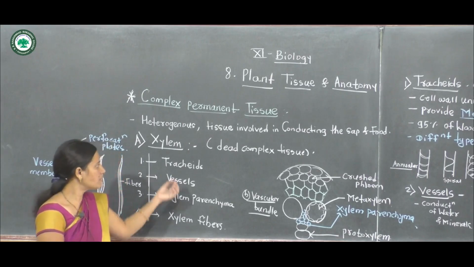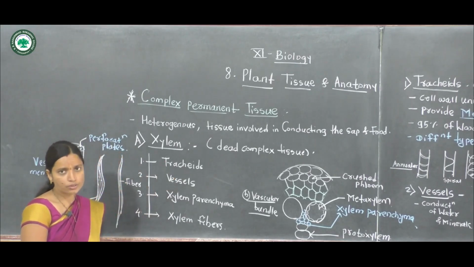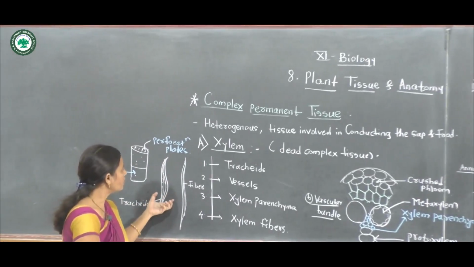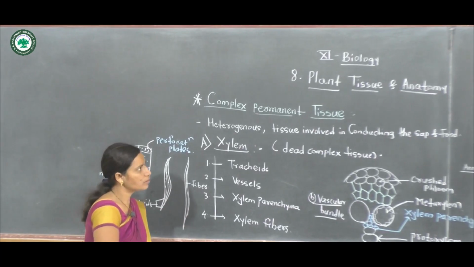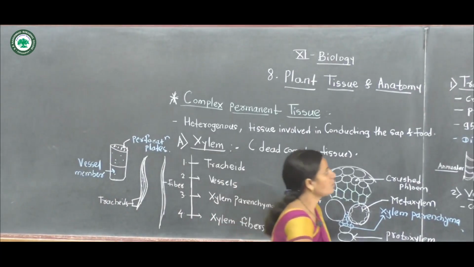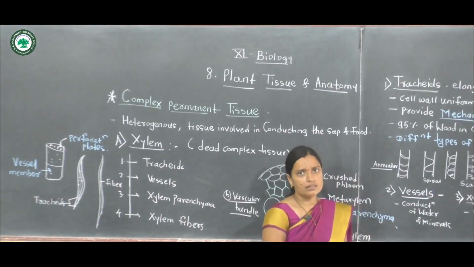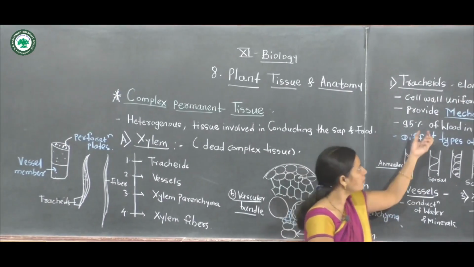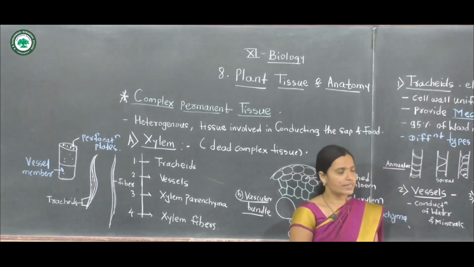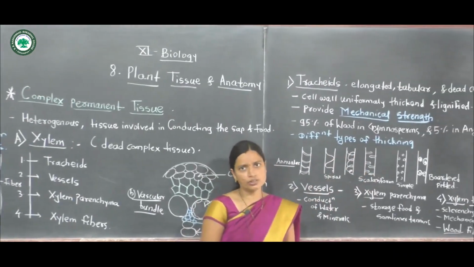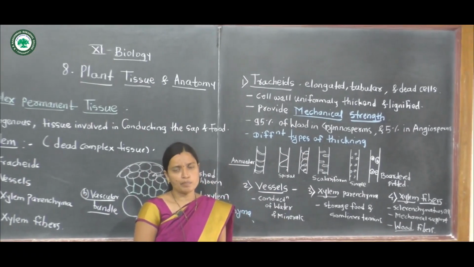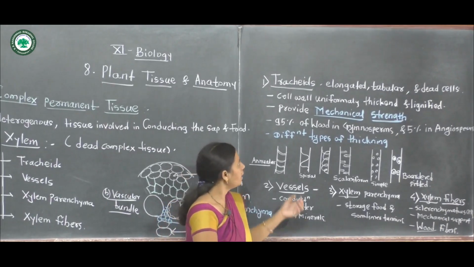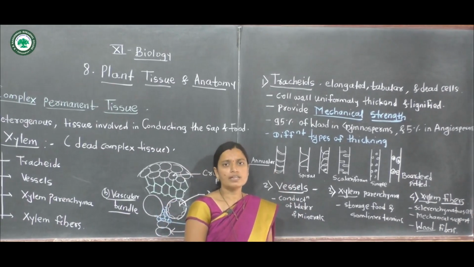First, the tracheid cells. Tracheids are one of the cells of xylem, and they are elongated, tubular and dead cells.